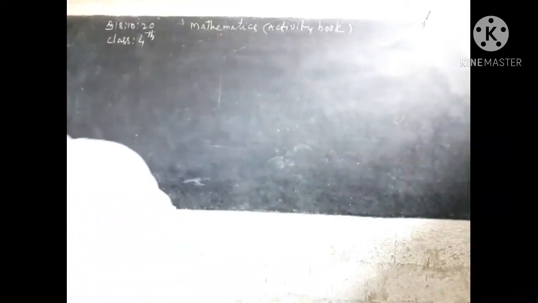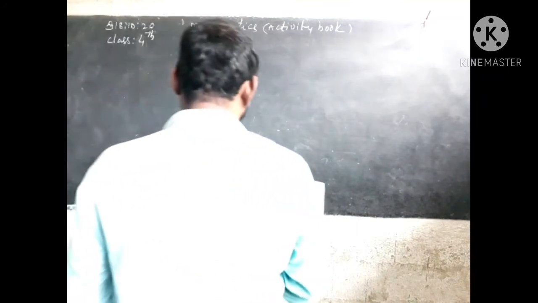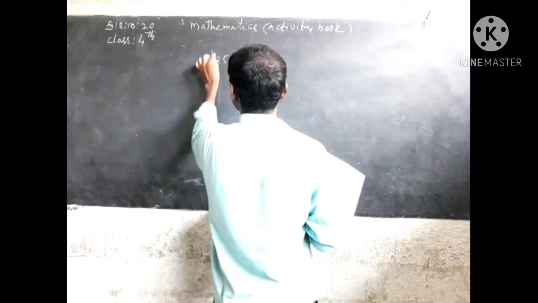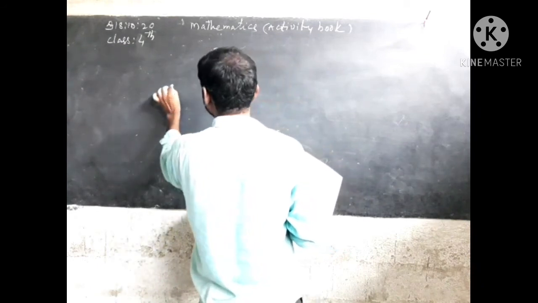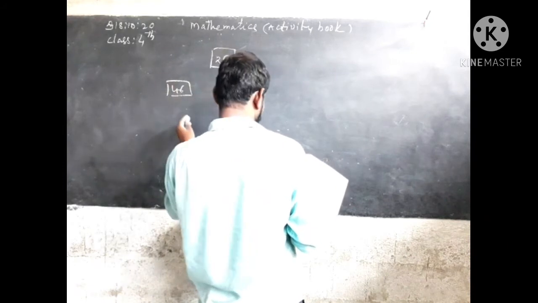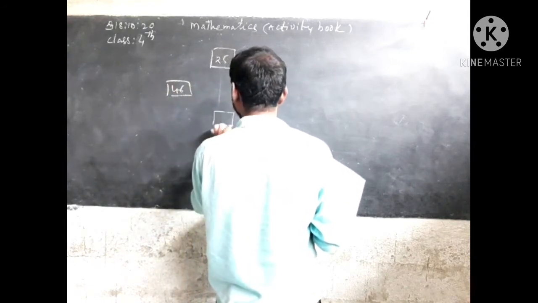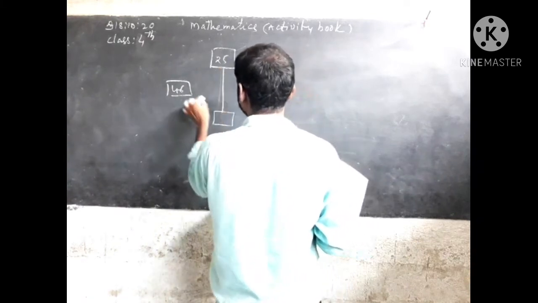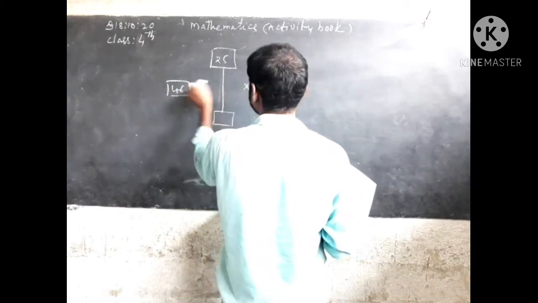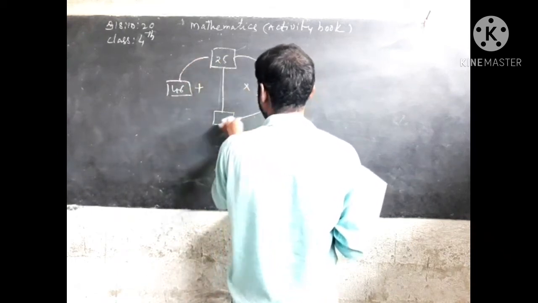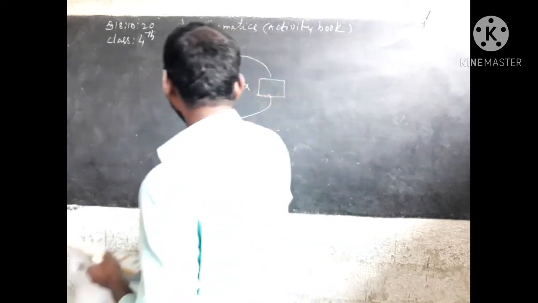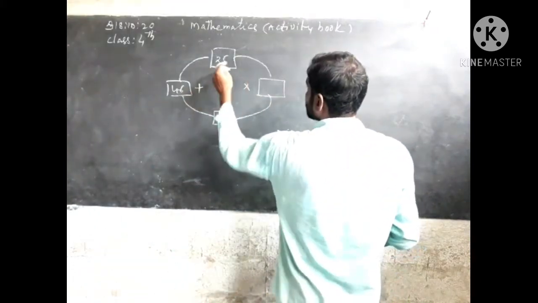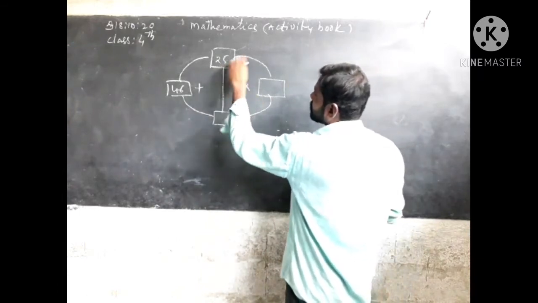Now next problem you can do. See here, according to our activity book, here 25, here 46, here there is no number, and here also there is no number. This is plus, this is into. So you can find out first this number. How can you get this number? 46 minus 25, means 25 is subtracted from 46.